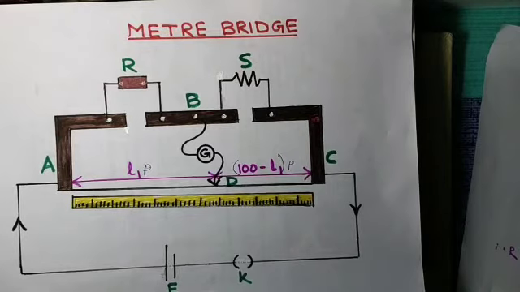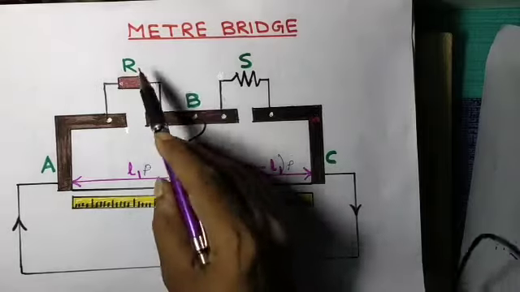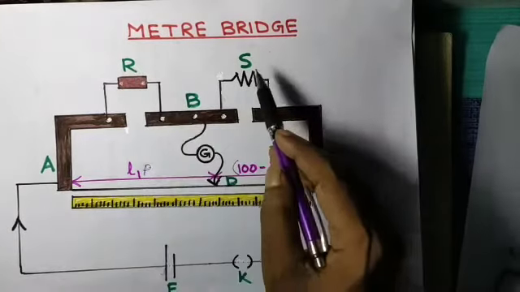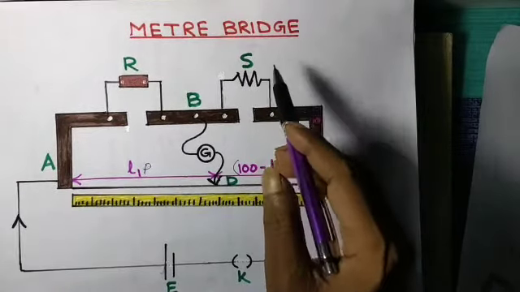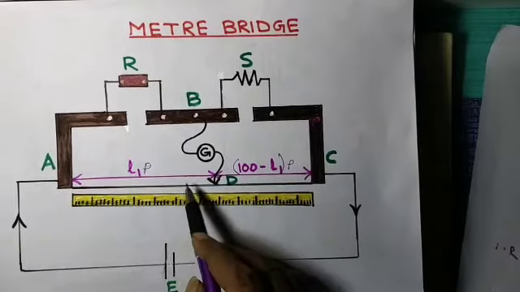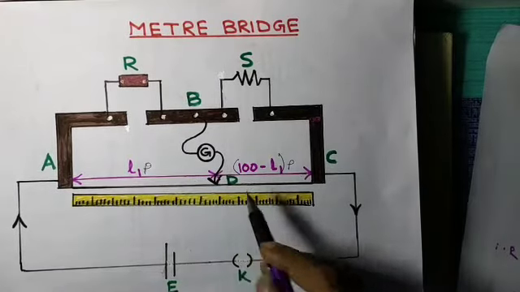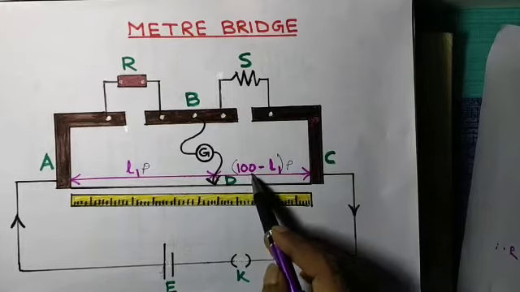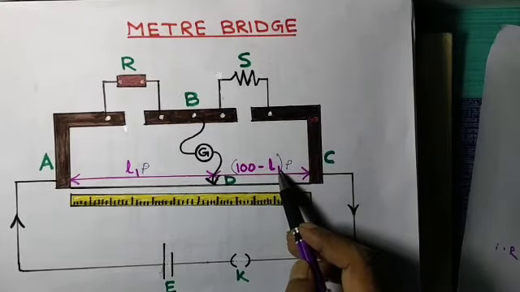So from the Wheatstone bridge formula we can write R by S is equal to the resistance of L1 by the resistance of 100 minus L1.